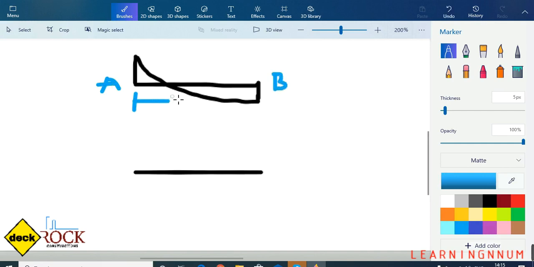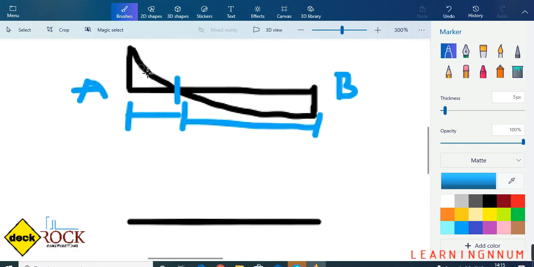See, from A to this 0, how the shear force is varying? Magnitude wise, it is decreasing from left to right, right? Yes, sir. And what is the sign direction? It is above 0, so that means positive, right? So from A to 0, the shear force is positively decreasing.